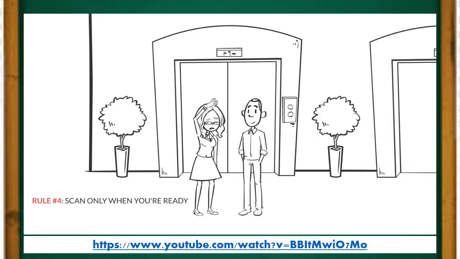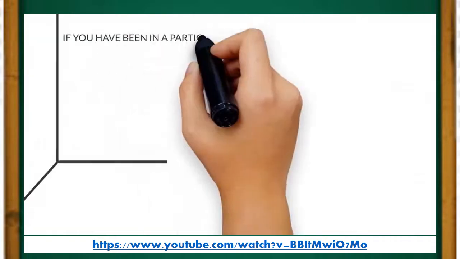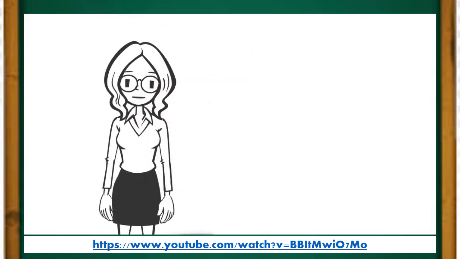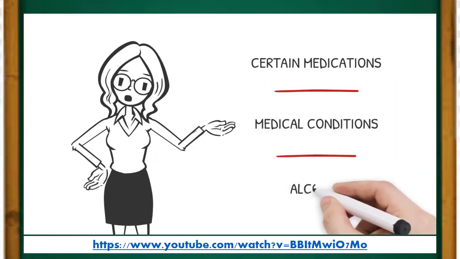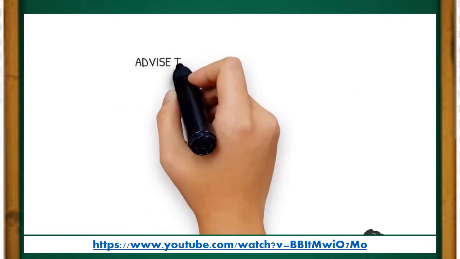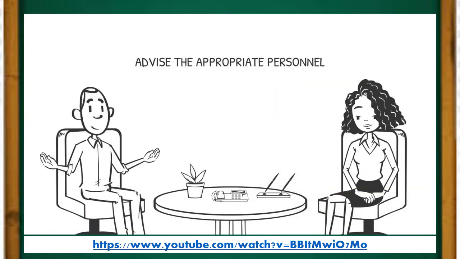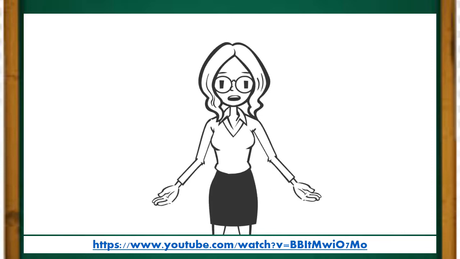If you have been in a particularly hot or cold environment or have been exercising intensely, give yourself a break before scanning, as your body temperature may be unusually high or low. It's also important to note that certain medications, medical conditions, and even alcohol can affect your body temperature. If this applies to you, please advise the appropriate personnel. That's it, you're done. You have now passed FeverScreen 101.